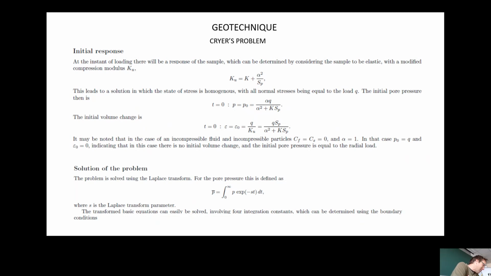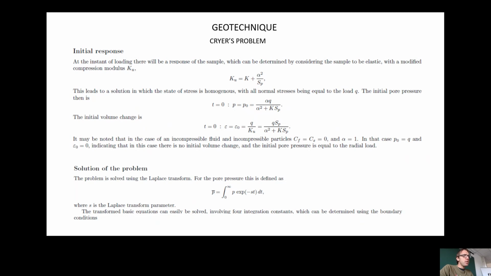I don't derive this solution here because it is based on the Laplace transformation. But the pore pressure can be defined with the Laplace transform, where s is the Laplace transform parameter.